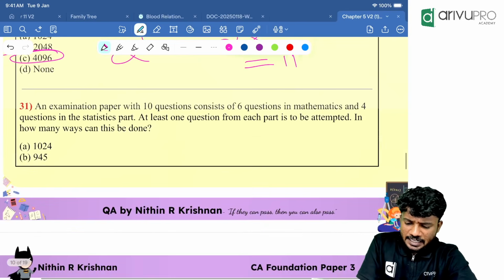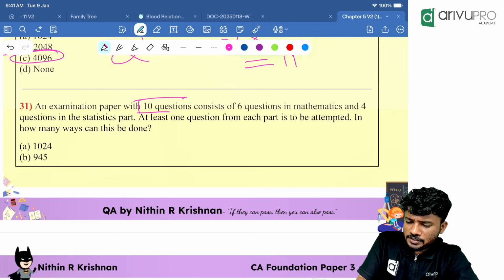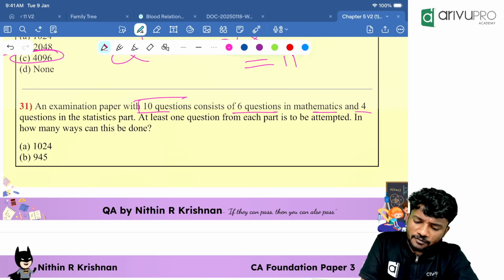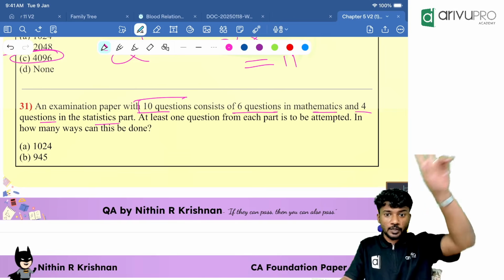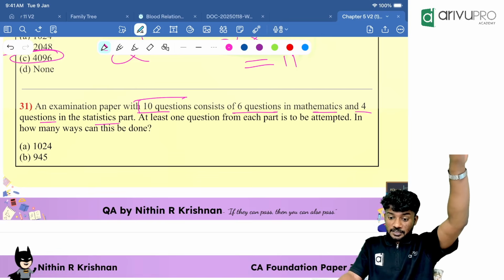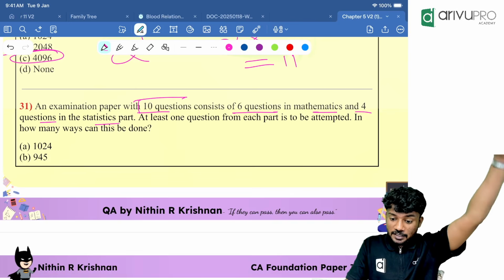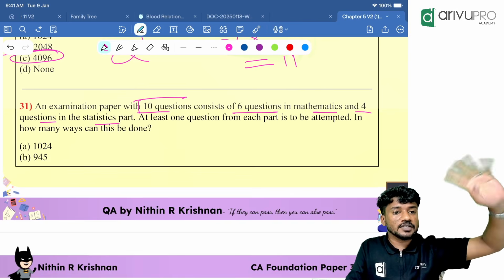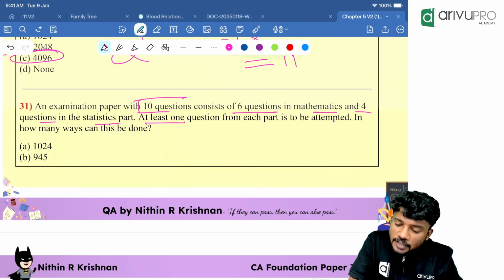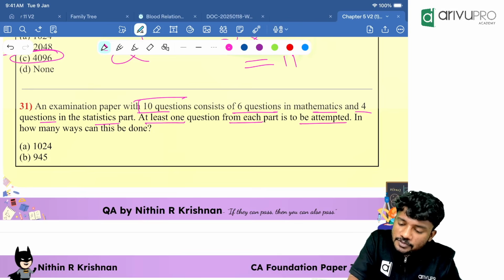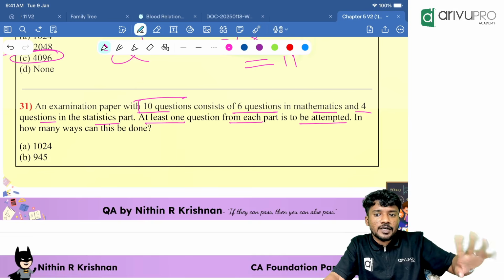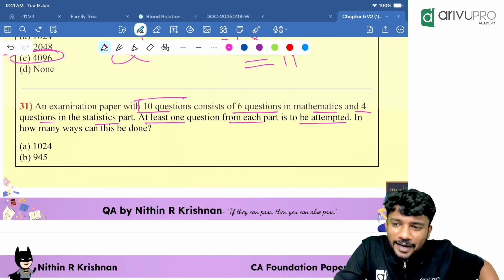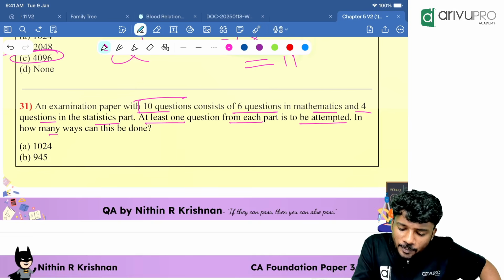Next one. An examination paper with 10 questions consists of 6 questions in maths and 4 questions in stats. At least one question from each part is to be attempted. At least one question means 2 power n minus 1. In how many ways can it be done?